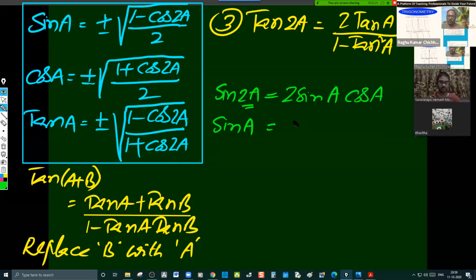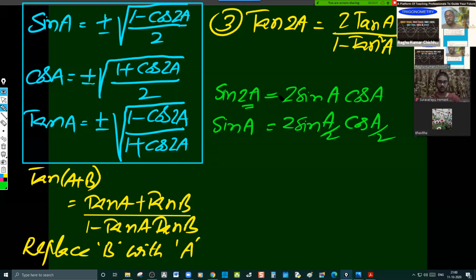Submultiple means replace 2A with A, then replace A with A by 2. That's it: 2 sine A by 2 cos A by 2. So the multiple itself gives you the submultiple.